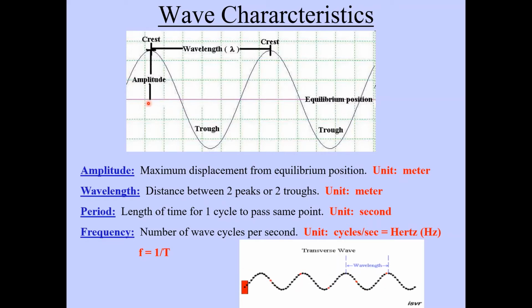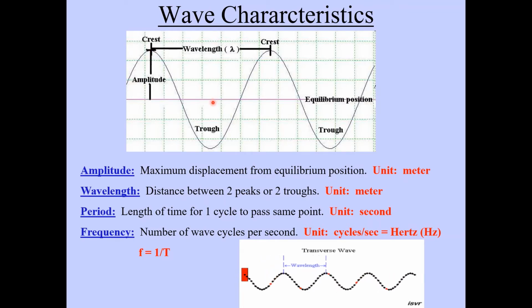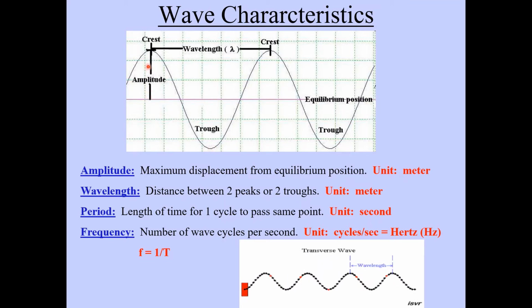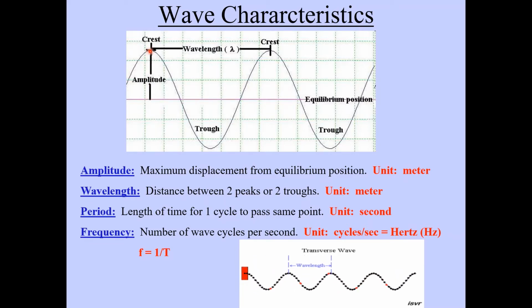So the amplitude is measured from the equilibrium position up to the top of this crest here. Or we could likewise measure it from here down to the trough for this particular wave. But it's wherever there's a maximum distance from equilibrium up to the top or bottom of a wave, that is the amplitude, and that is measured in meters.